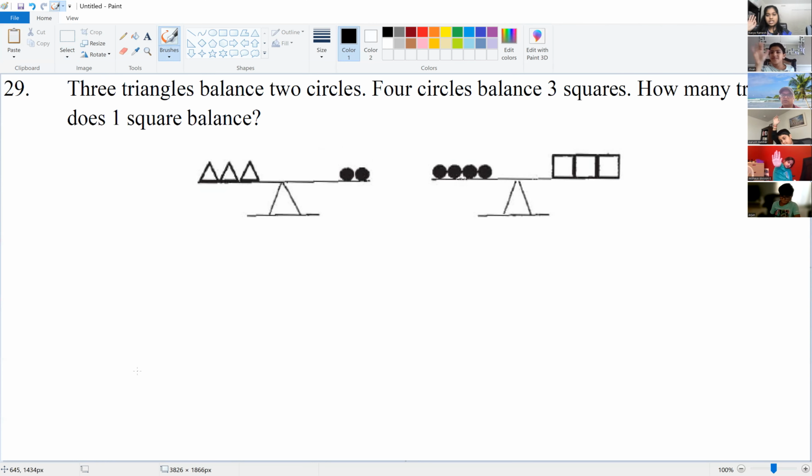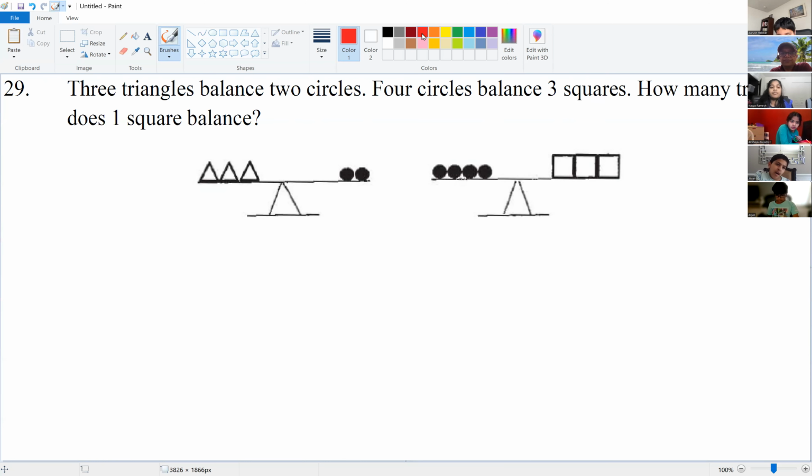How many triangles does one square balance? Kavya, go ahead. Well, we know that 3 triangles equals 2 black circles, and 4 black circles equals 3 squares. So we can replace the 4 black circles with 6 triangles.